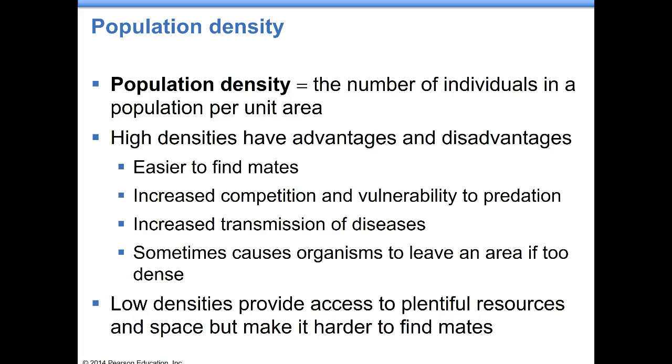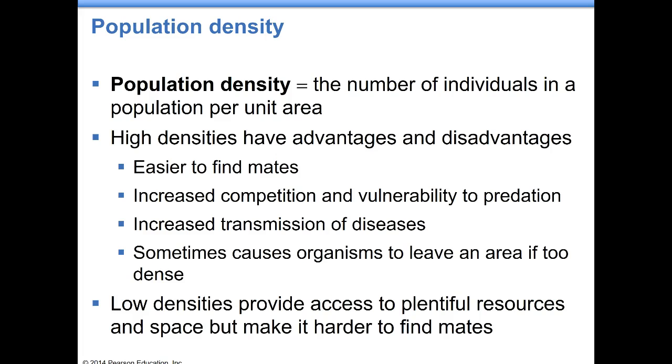High densities have advantages and disadvantages. With high densities, you can find mates easier. Okay, so that's great. The disadvantage is there's increased competition. There's going to be competition for food, water, and shelter because of that. There is an advantage where if there are larger numbers, you're less vulnerable to predation.